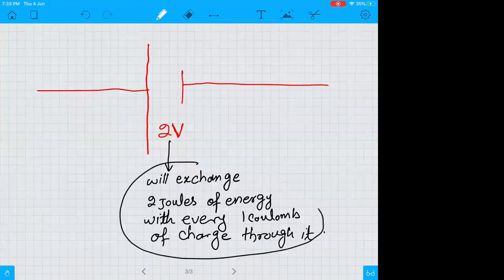So when you have a battery of 2 volt, it will exchange 2 joules of energy with every 1 coulomb of charge that passes through it.